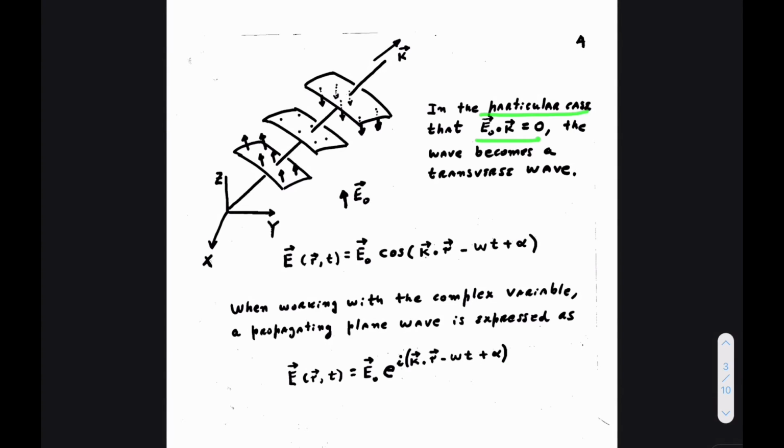In that case, the electric field will vary in the direction perpendicular to this k vector. We call this kind of wave a transverse wave. Now, this equation of plane waves can be expressed using complex variables. In complex notation, a propagating plane wave takes this form.